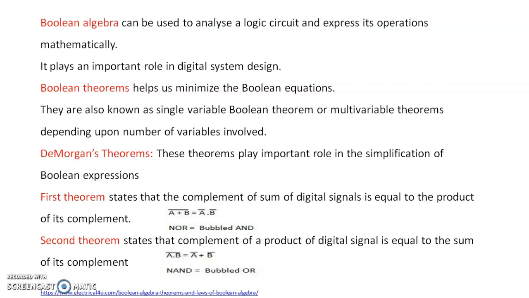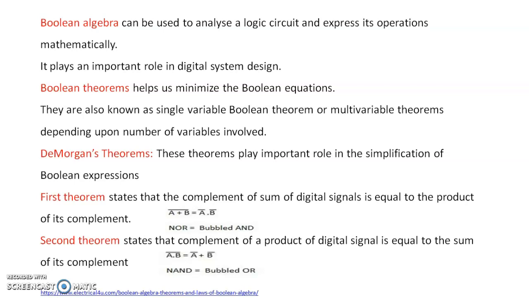De Morgan's theorem. We apply De Morgan's theorem when we solve a Boolean expression, when we try to reduce the size of those expressions. These theorems also play an important role in the simplification of Boolean expressions. The first theorem states that the complement of the sum of the digital signals is equal to the product of their complements.